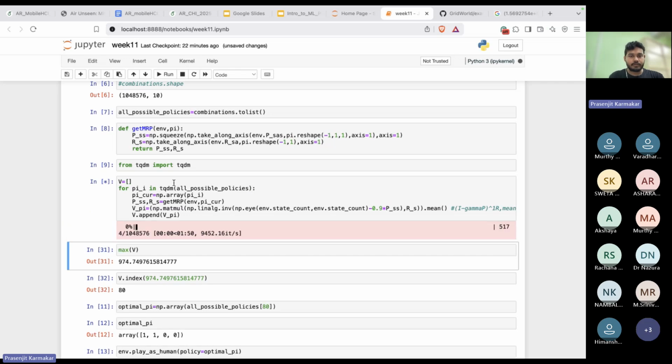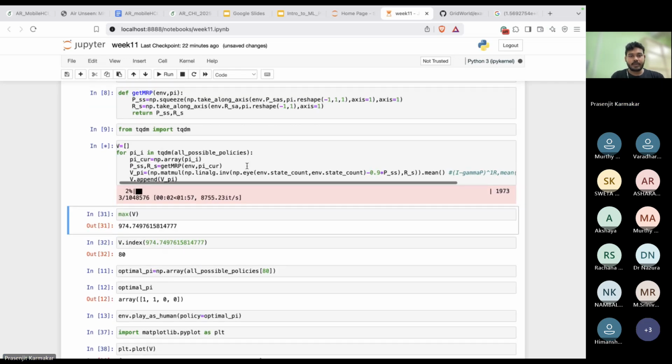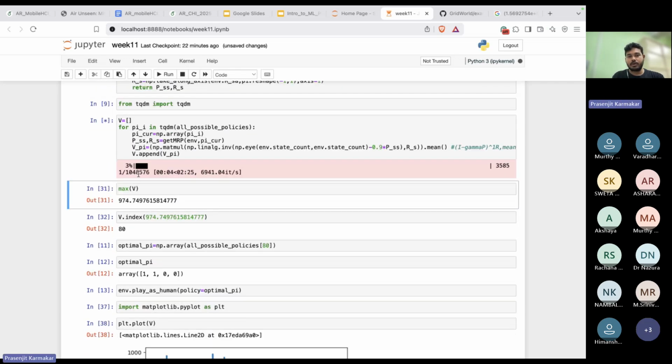So run. Now see, it is actually looping through all the possible policies. This is the number of policies we are currently traversing. It would take around 2 minutes, though it fluctuates a bit, but it'll take some time, right?